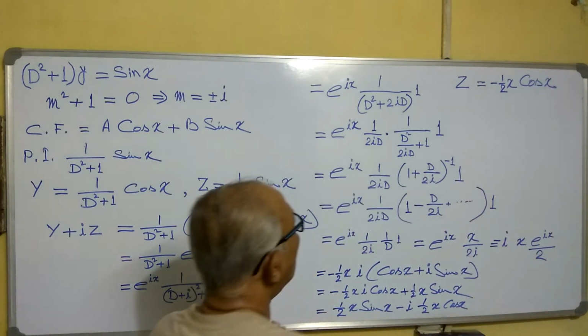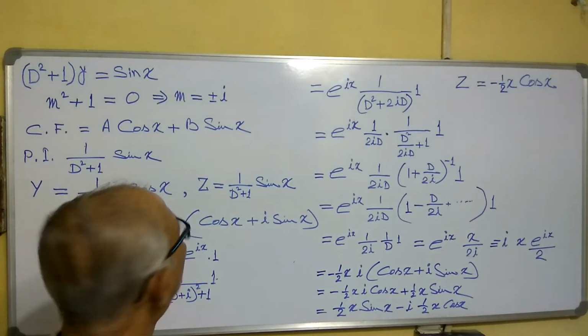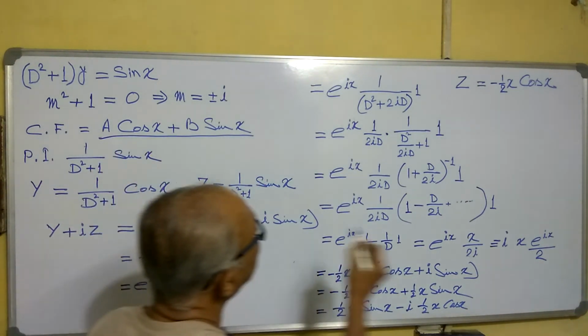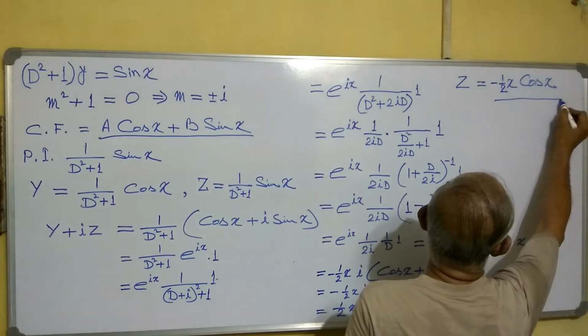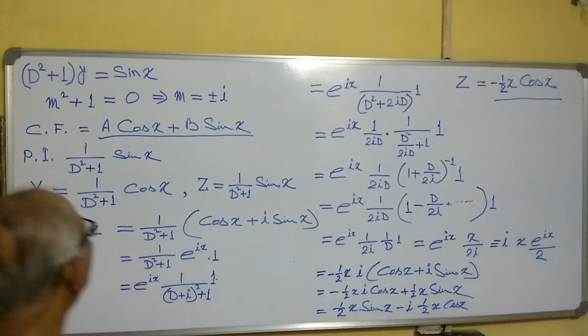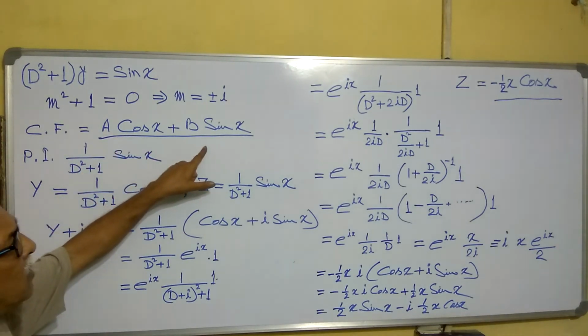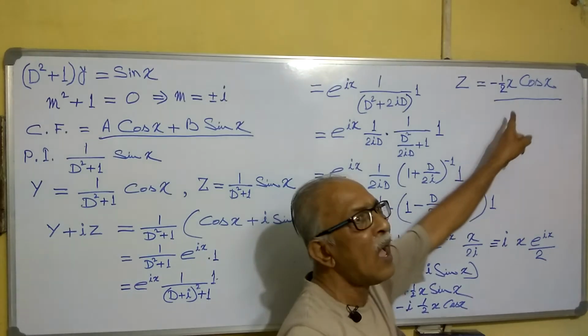So the general solution is a cos x plus b sin x minus half x cos x. The general solution will be a cos x plus b sin x minus half x cos x.